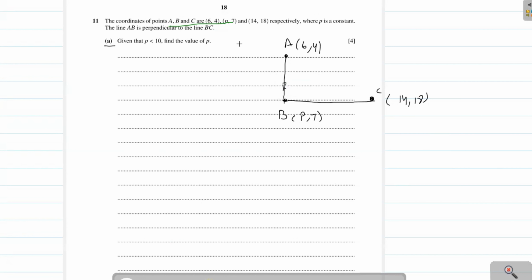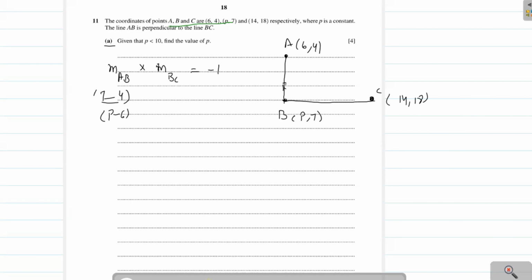Since AB is perpendicular to BC, the product of the gradient of AB and the gradient of BC will be equal to minus 1. The gradient of AB, using the formula of gradient, is 7 minus 4 over P minus 6.